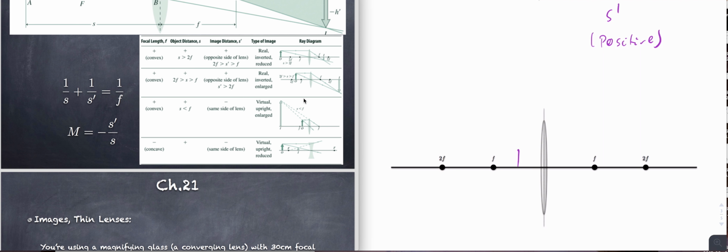So if we add the object here, then we can look at light. Of course light passing through the center is undeflected, and light hitting, or let's go backwards, let's follow the table.